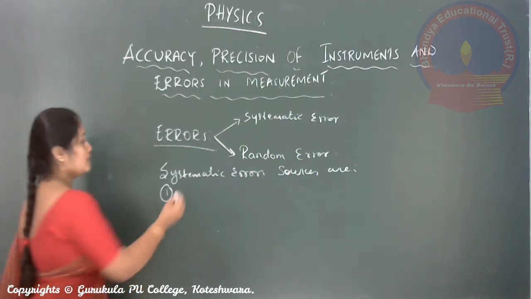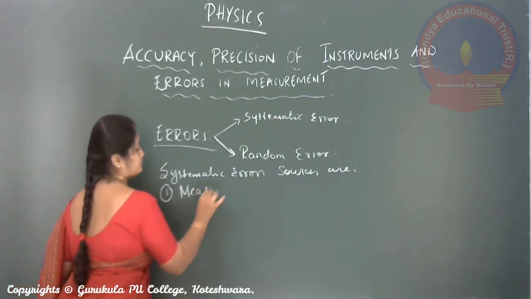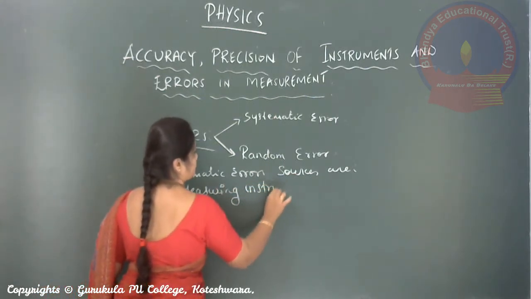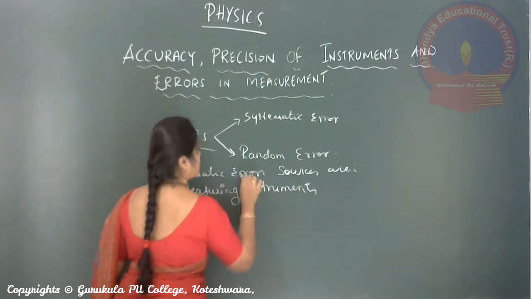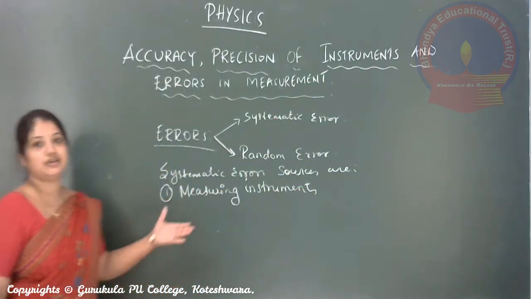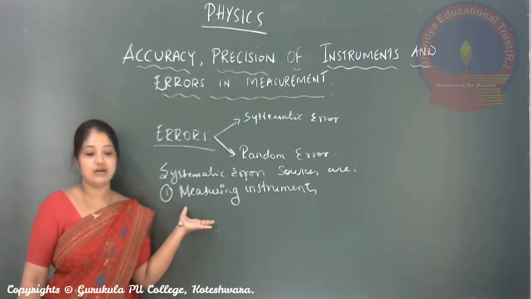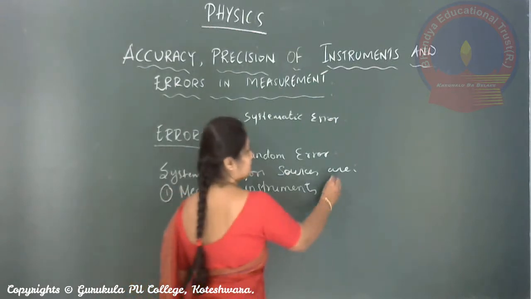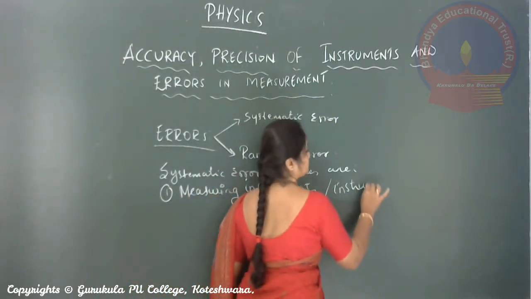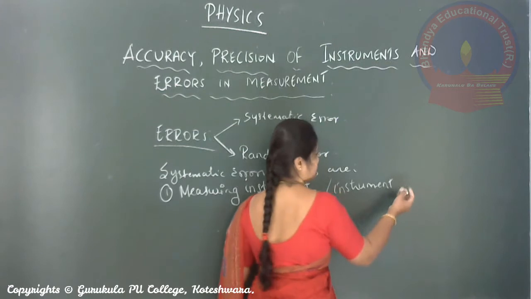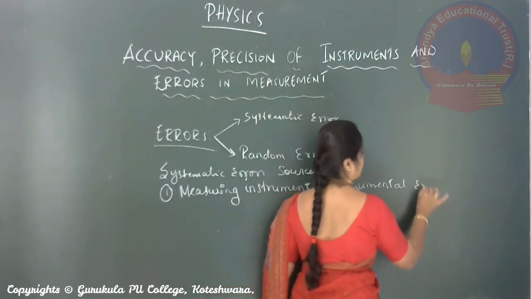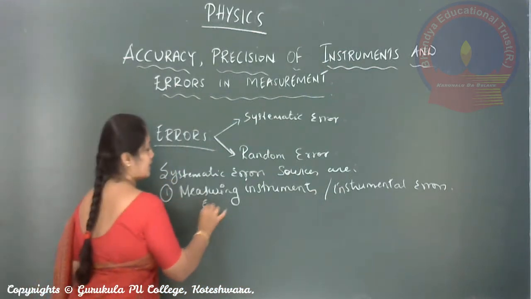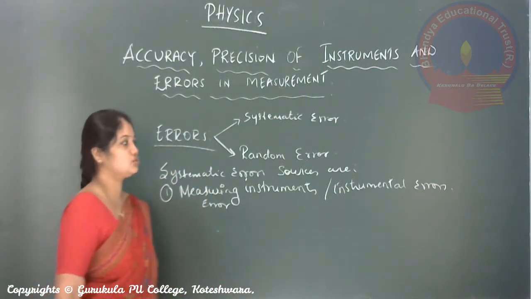The first one is the measuring instrument, that is, the instrumental errors.